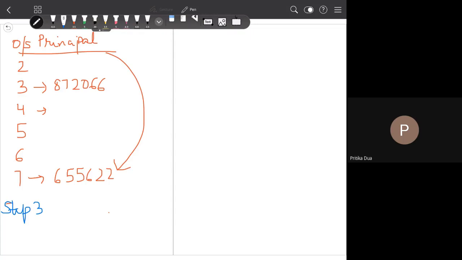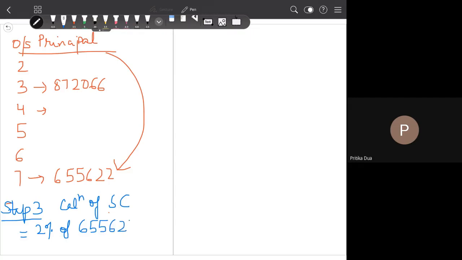Now step 3 is calculation of switching cost, because at this point the borrower will be paying the bank to switch from floating to fixed rate of interest. So this will be 2% of 655,622.